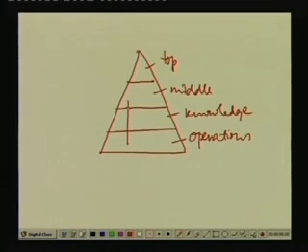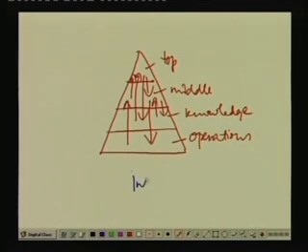So, as you can see, there is a continuous interchange of information of various kinds from operations level to middle level and vice versa, knowledge level to middle level, knowledge level to top level, middle level to top level.